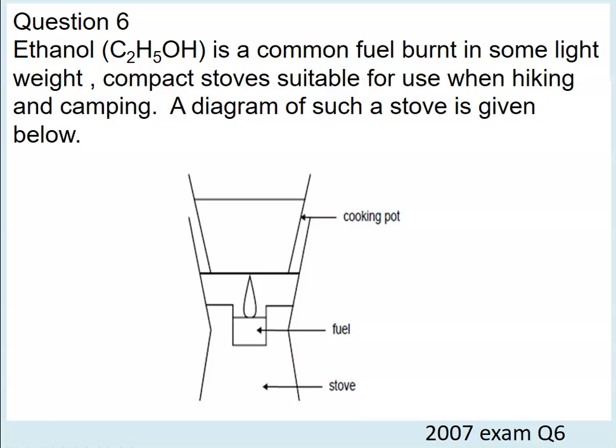Ethanol is a common fuel, so we started off the year looking at, instead of food, we started looking with fuels, so this is like our initial Unit 3 kind of questions. Burnt in some, so this is trying to take account of the amount of energy that's been trapped by other things other than the water.